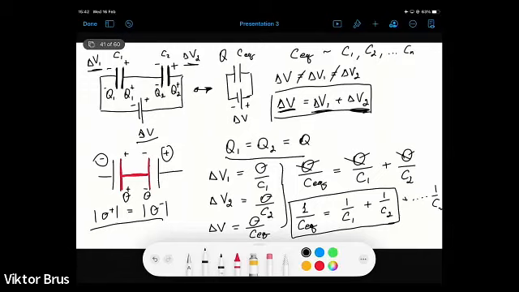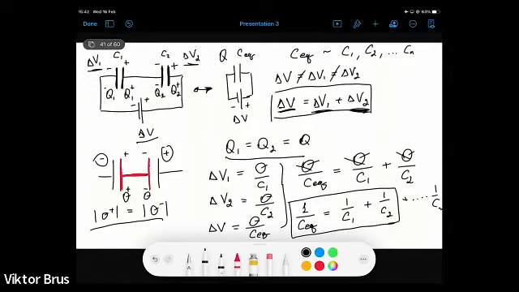You need to know that for the series connection of capacitors, we get a capacitance smaller than the smallest capacitor connected in series. And for the parallel connection of capacitors, we just get the sum of all capacitors connected to this battery.